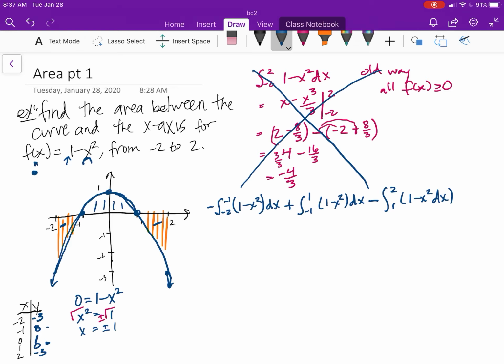Now, quick comment. We could note that there is symmetry here. So whatever value we get here is going to come out to the same value we get here. So we don't really need to do that integral twice. In fact, we could have just split this up and done from 0 to 2, right?